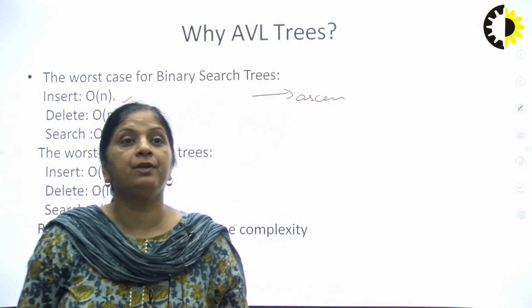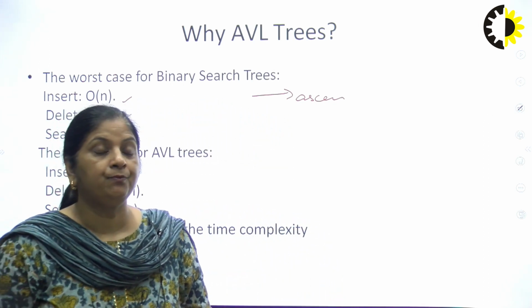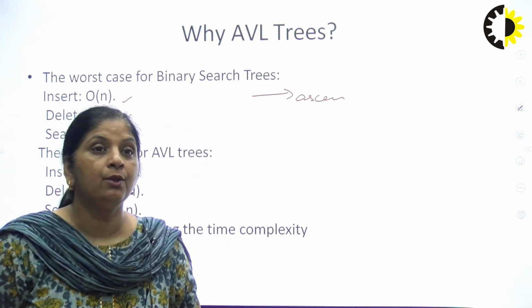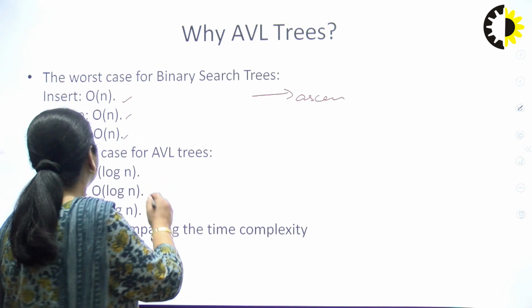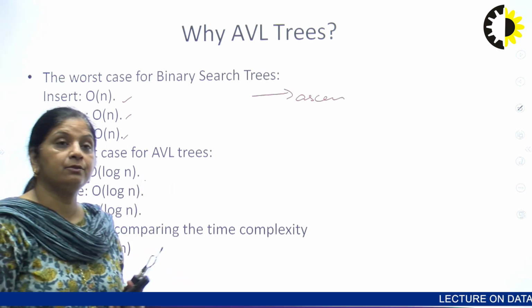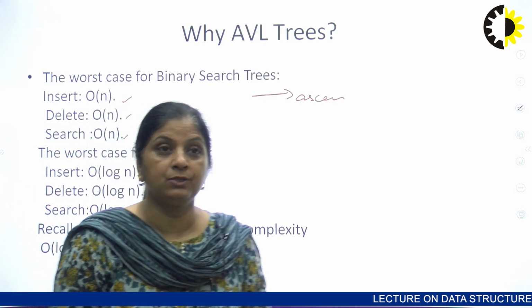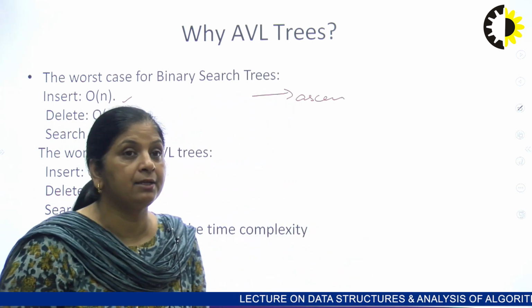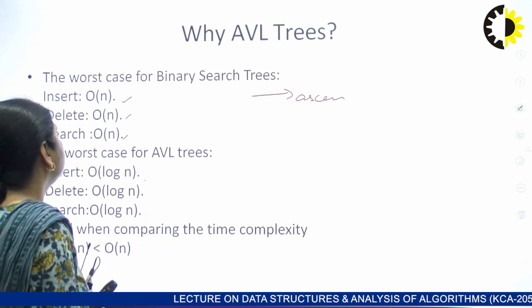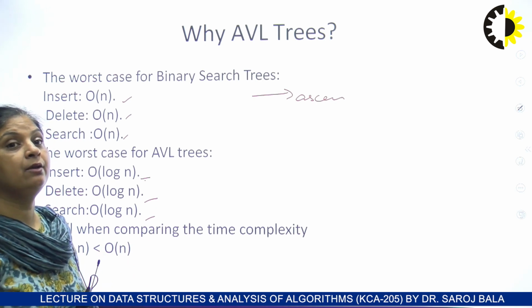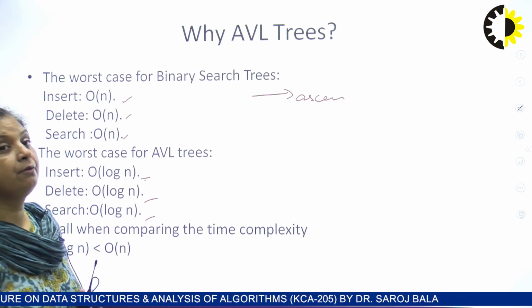But if we do height balancing, it will maintain the maximum height at log n to the base 2, because it is a binary tree. The most important thing to remember is that an AVL tree is a binary search tree. In this case, insertion, deletion and search operations will be order of log n.